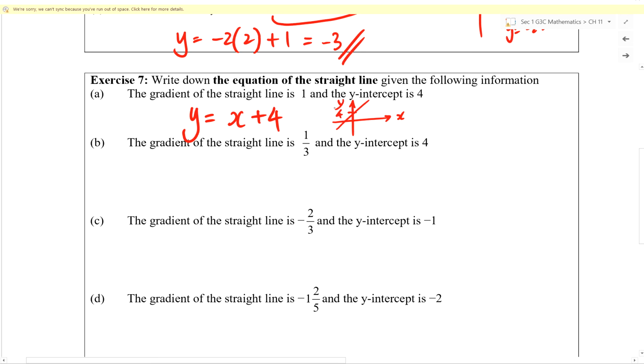Is this what you have? A straight line going upwards from left to right, and it cuts at the y-axis at positive 4. Do you have that? Okay, done. Okay, next one.